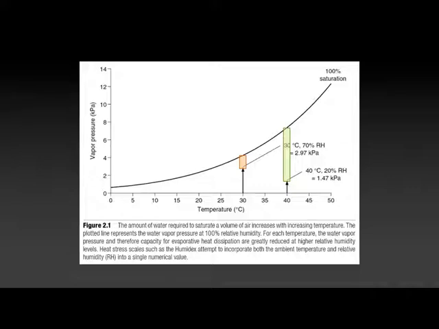We have a great capacity to evaporate sweat into the surrounding air. Now, if this were 40 degrees and 70%, it would certainly be worse. But because the relative humidity is different, we have a greater capacity to evaporate sweat into the surrounding air.